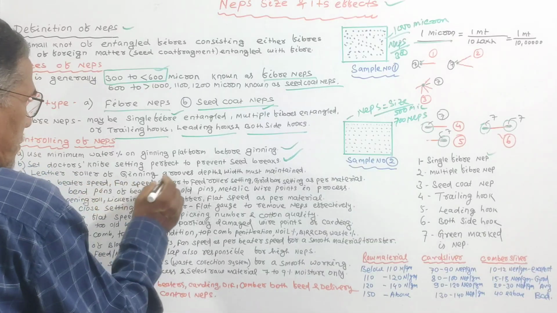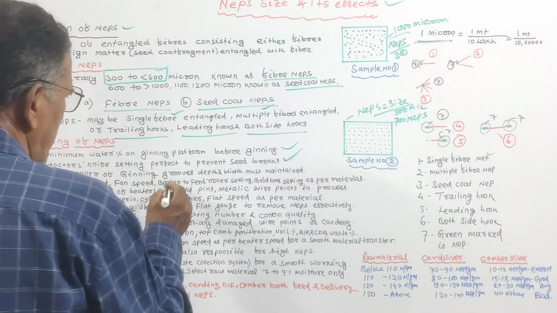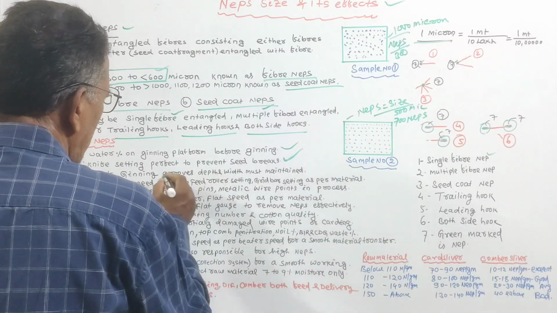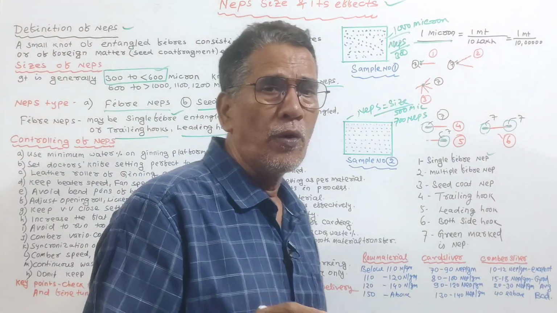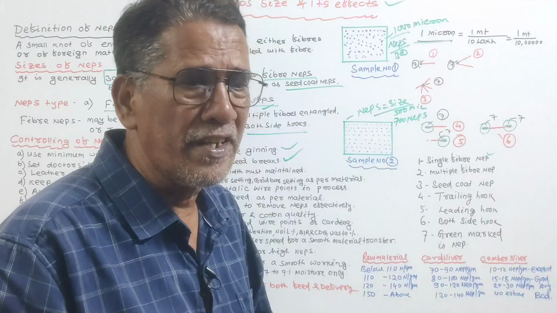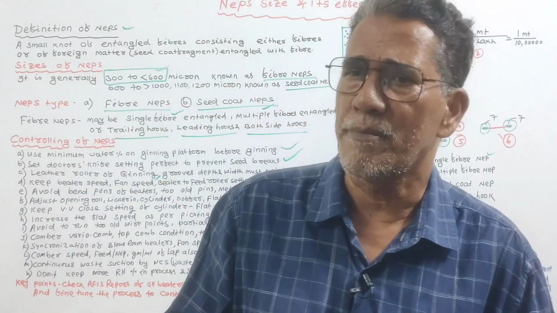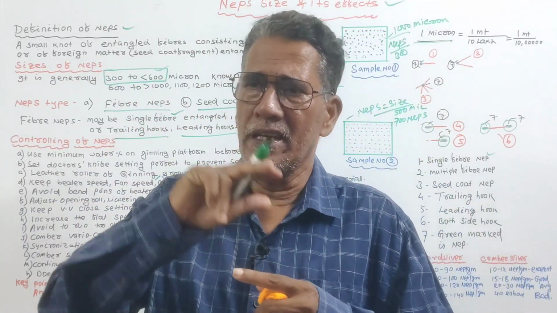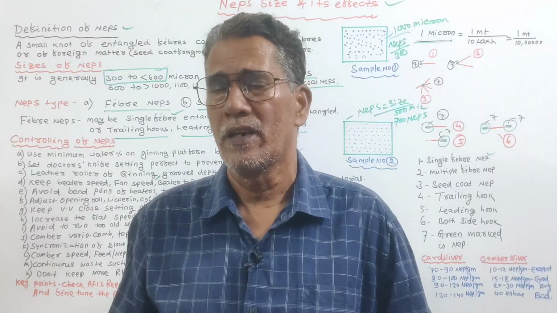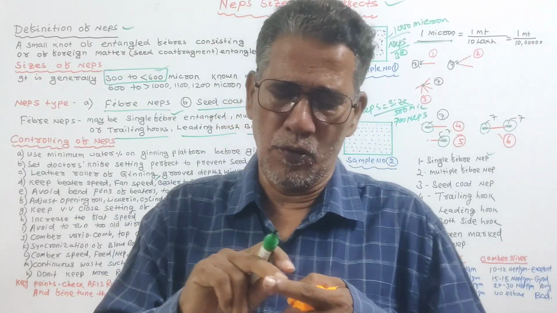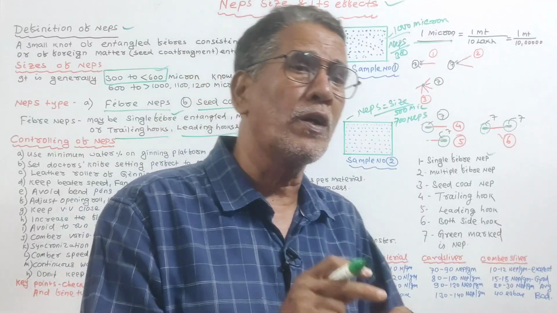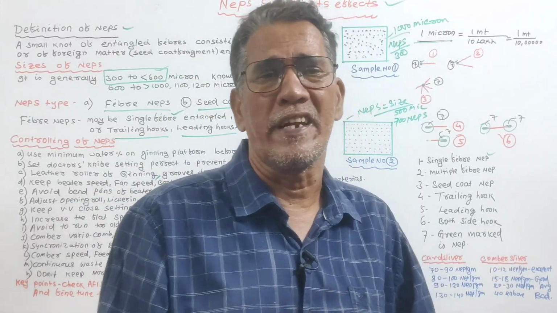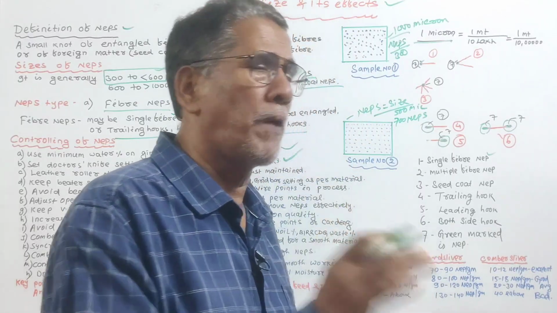Leather roller of ginning: groove depth and width must be maintained. You see, in a double gin machine there are two leather rollers. One type of groove is made, and that groove holds the seed and allows only fiber.